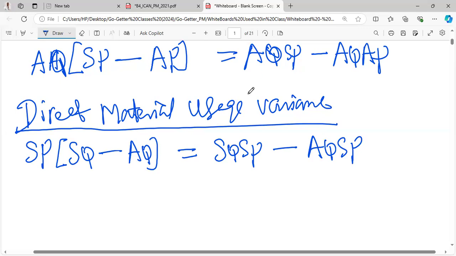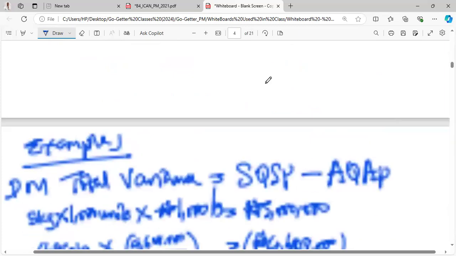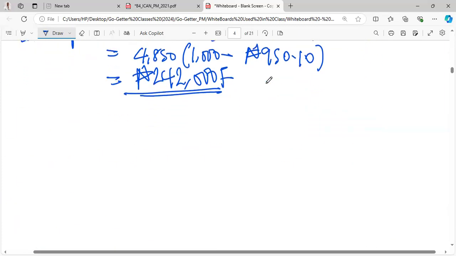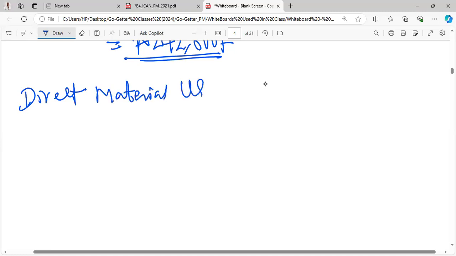All right. So let's look at this now. We are looking at direct material usage variance.